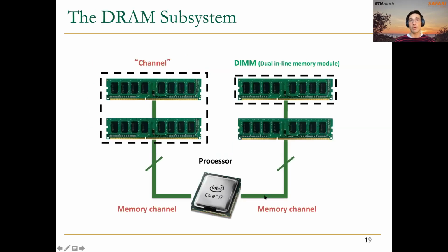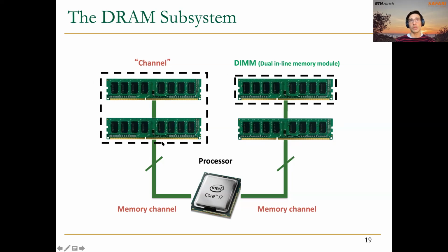First are the memory channels, which, as I said, connect the CPU or the GPU with the memory DIMMs, and these memory channels are accessible from the memory controllers of the processors. Each memory controller can handle one memory channel or maybe more than one. Connected to each memory channel, we may have one DIMM or several DIMMs.